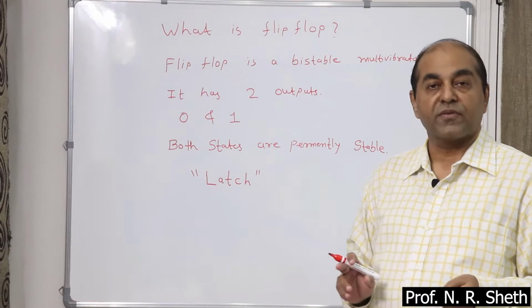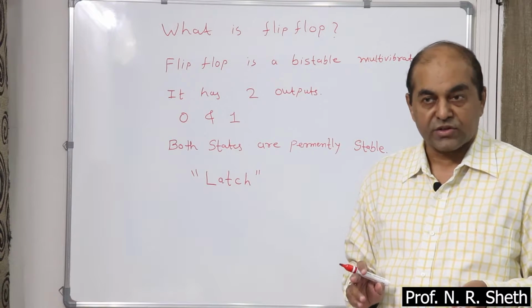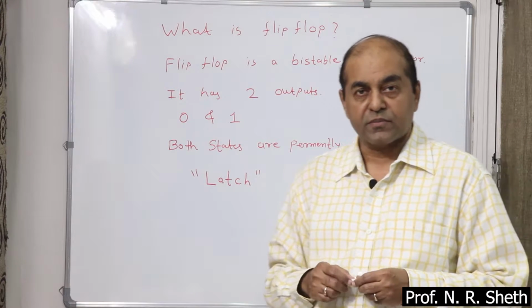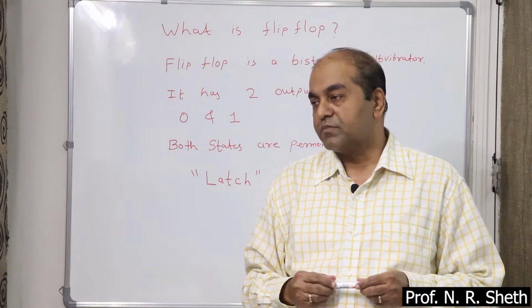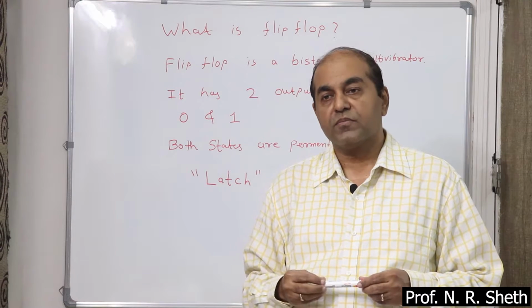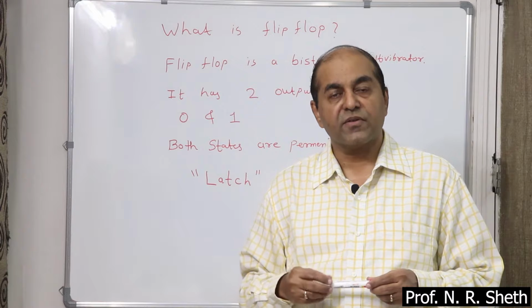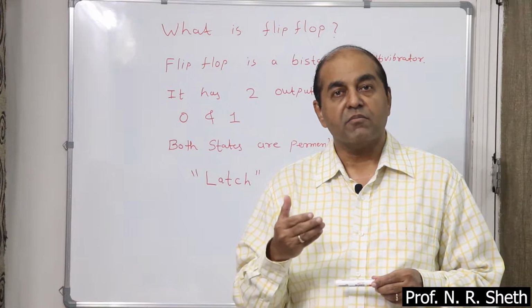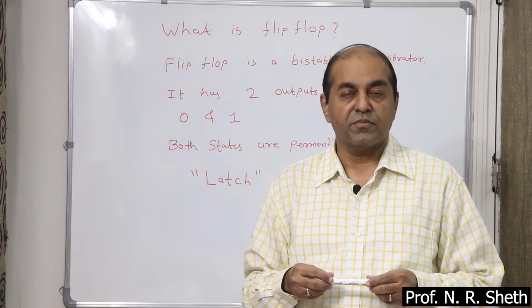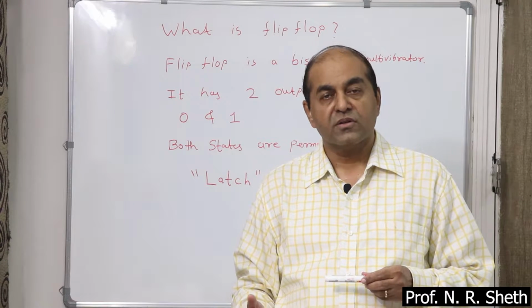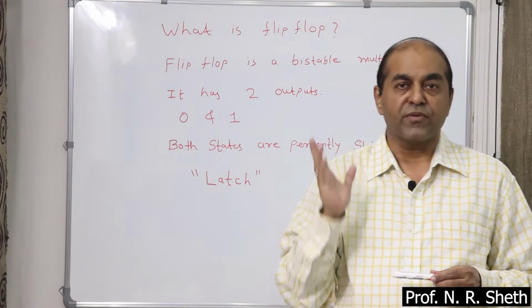So another name of the flip-flop is latch. Now in your syllabus, many flip-flops are there: RS flip-flop, clock RS flip-flop, D flip-flop, edge trigger D flip-flop, JK flip-flop, and master slave JK flip-flop. One by one, in every lecture, we will study one flip-flop.